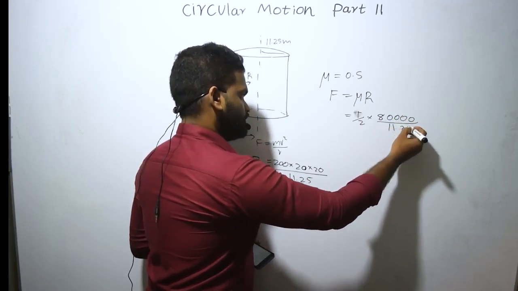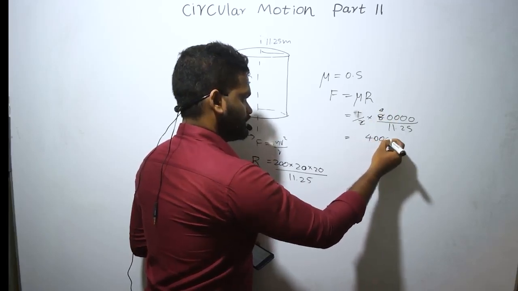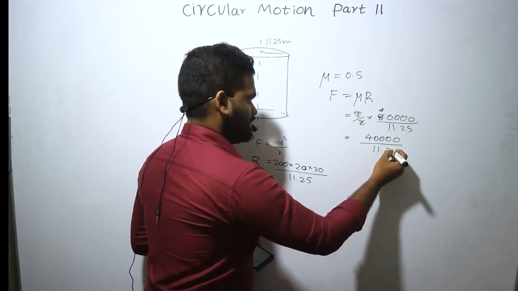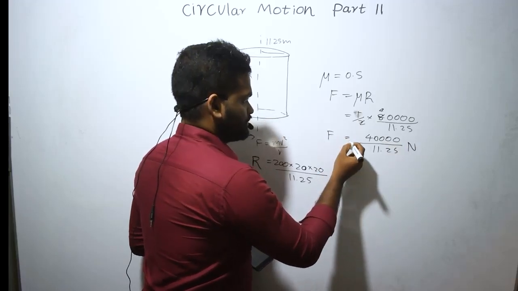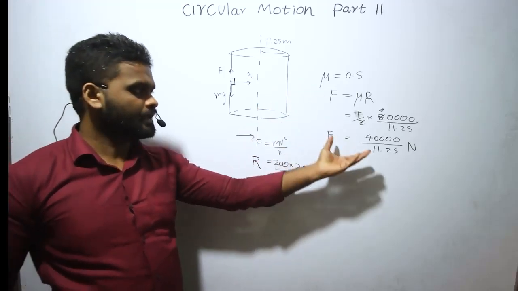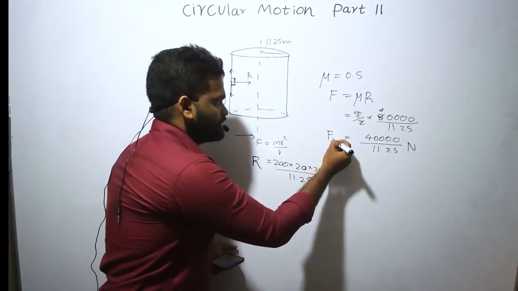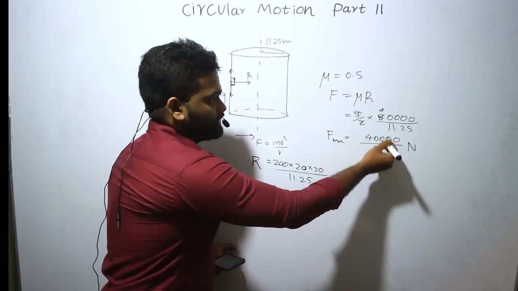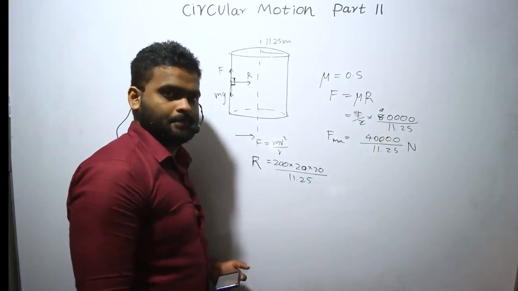Divided by 11.25. So if you divide it, you get 40,000 divided by 11.25 Newton. So if this is a limiting condition, we get a limiting friction or a maximum friction of this much, 40,000 divided by 11.25 Newton. Okay.